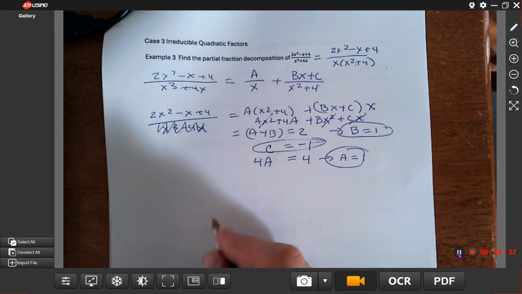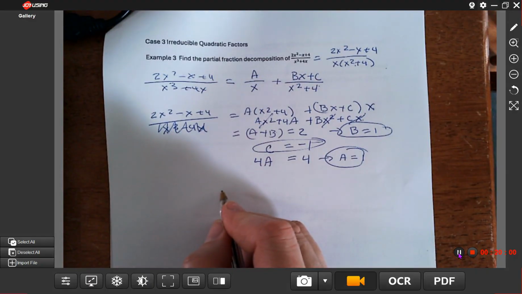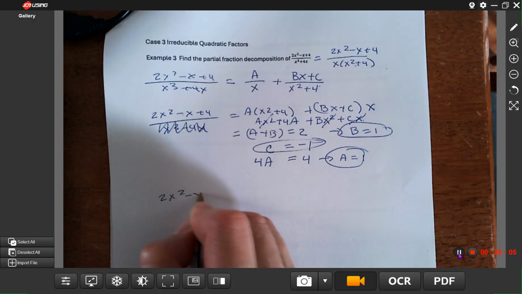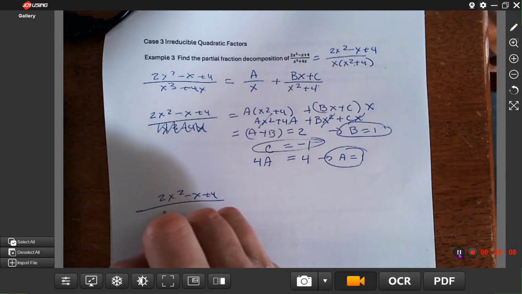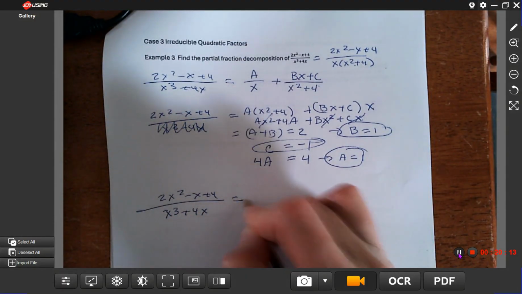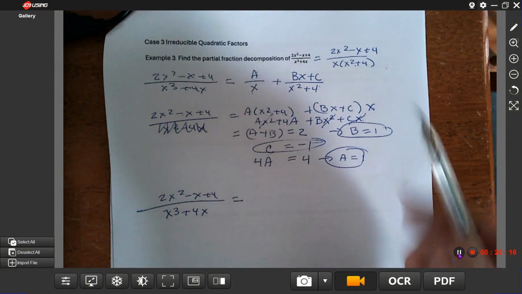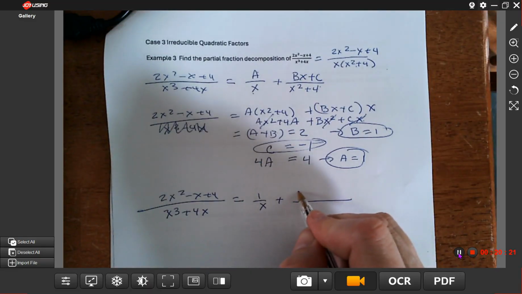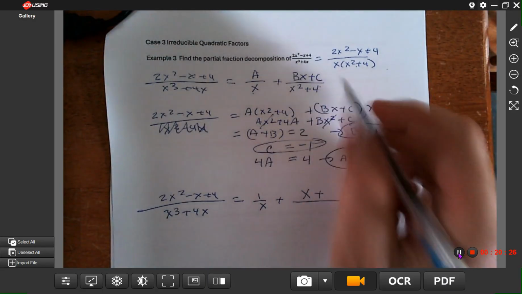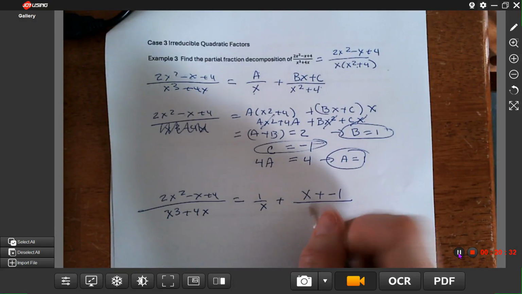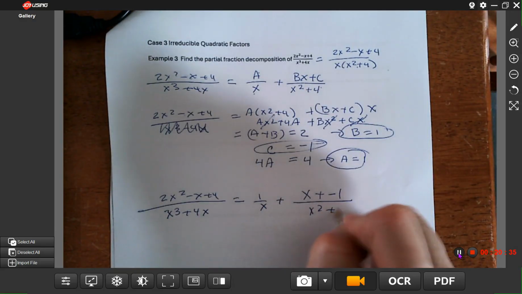So now we're ready to write our expression as the sum of partial fractions. So our original expression, 2x squared minus x plus 4 over x to the third plus 4x, sorry about the dog making noise in the background, is a over x, and a was 1, plus bx, so b is 1, so 1x plus c, which is -1, which I could have written with a subtraction sign, all over x squared plus 4.